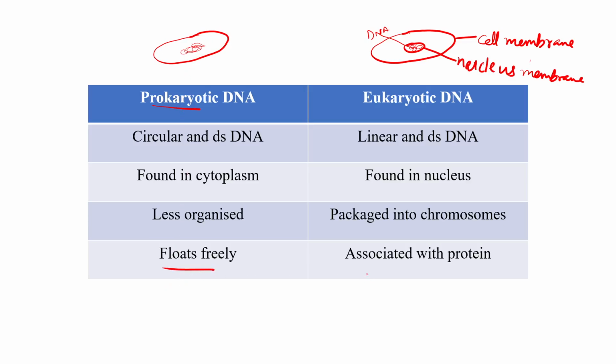It floats freely, whereas in a eukaryotic cell it is present inside the membrane and it is associated with various proteins. Such proteins are called histones. These proteins ensure that the DNA is well packaged.